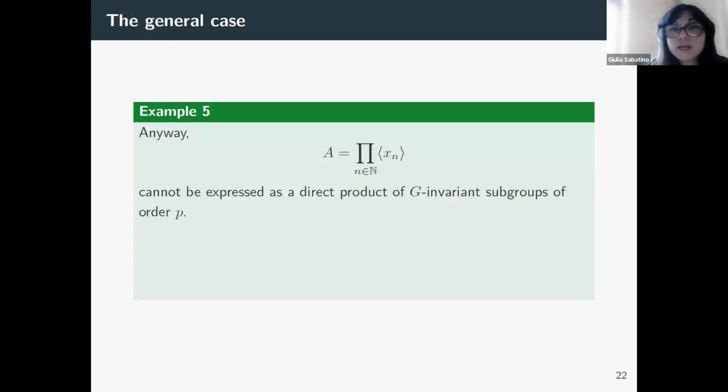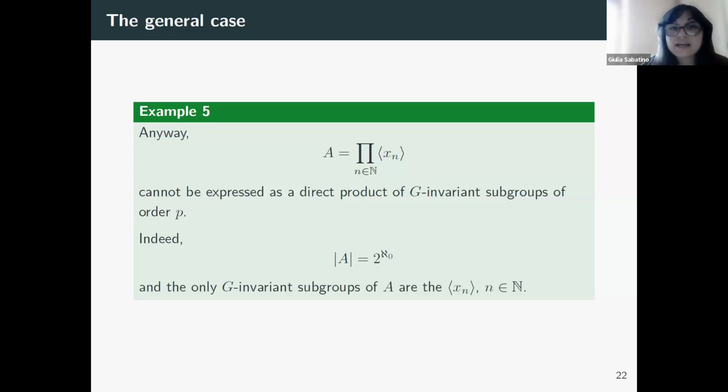So A has to be a direct product of some of these xn. Moreover, A is infinite, so it has to have cardinality Aleph 0. Anyway, A is profinite, and its cardinality is 2 to the Aleph 0. So for a matter of cardinality, A cannot be a C group. As a consequence, G is not a C group.